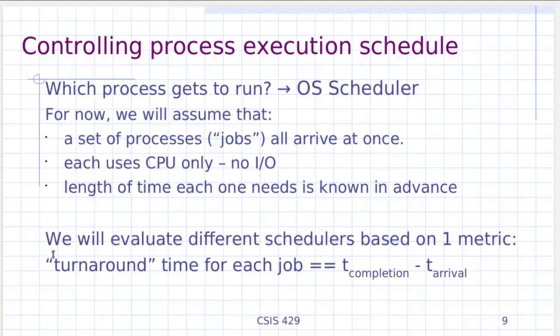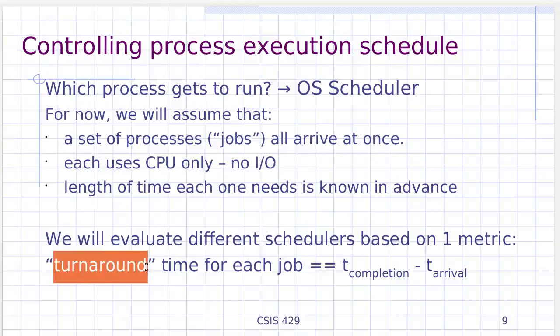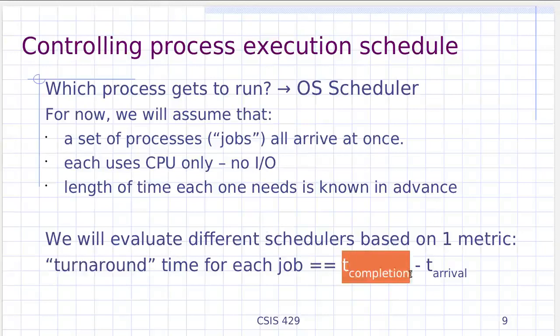So the first thing we'll do is figure out how these different approaches for scheduling do, based on one thing that we'll measure: the turnaround time. That is, when did the job complete, and then you subtract from that the time that it arrived.